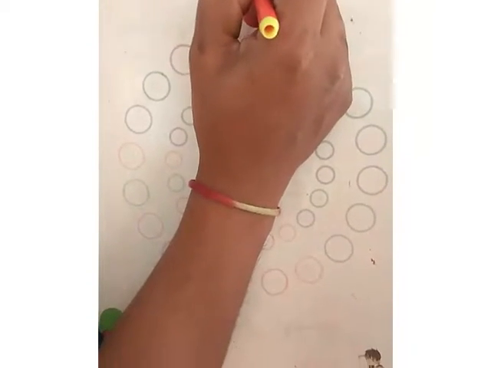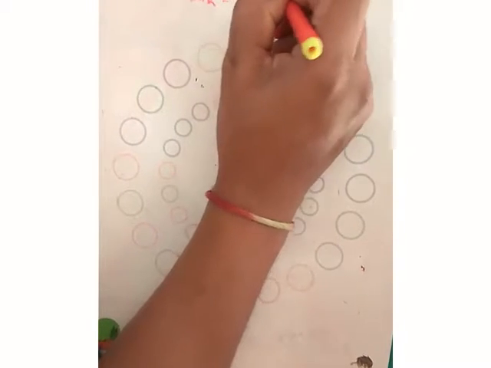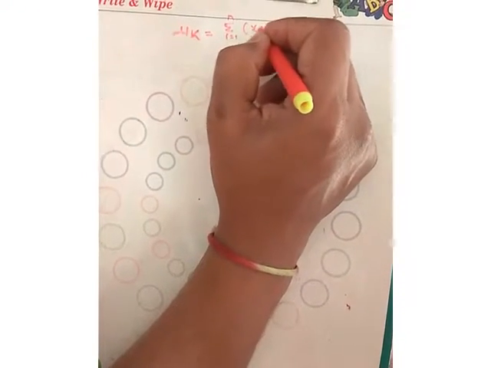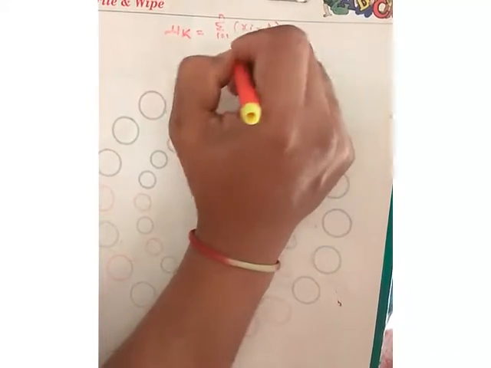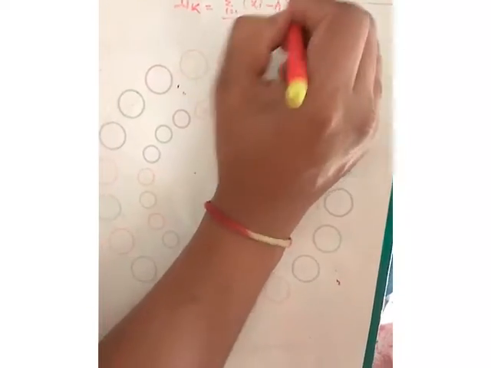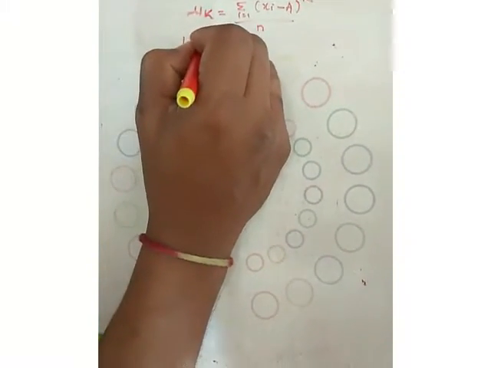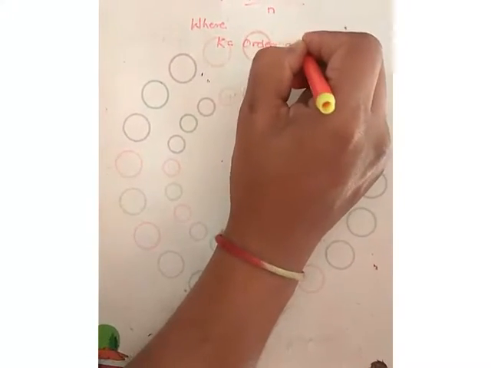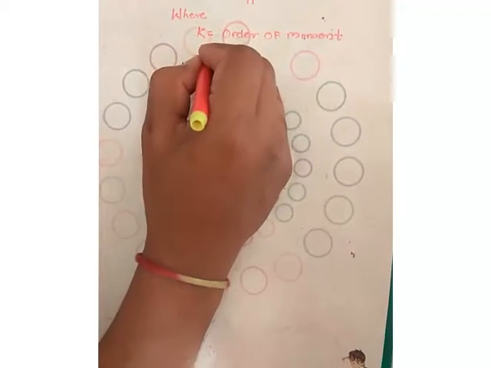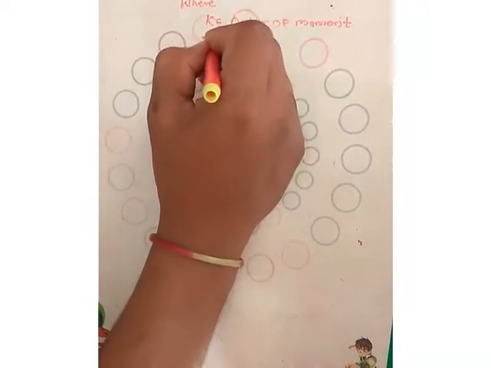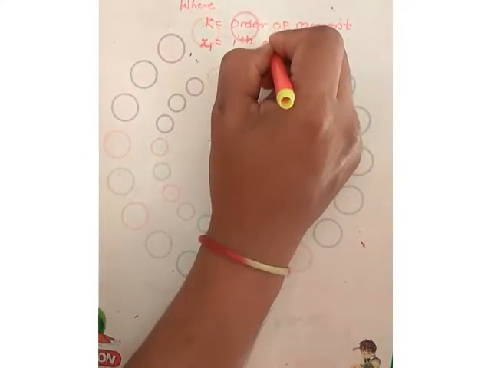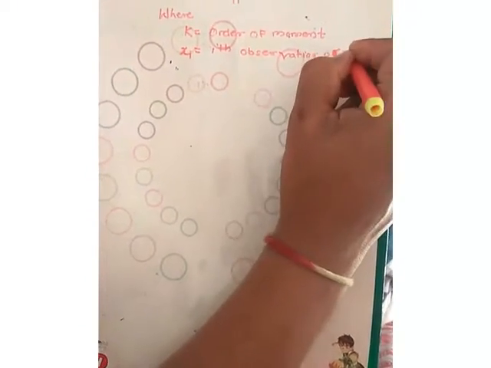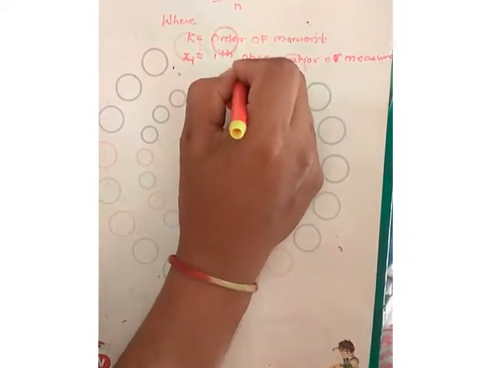The kth moment is given as the summation from i equal to 1 to n of xi, the ith observation of the data set, minus the point about which the moment is taken, raised to the power k, divided by the number of observations n. Here k is the order of the moment, and xi is the ith observation or measure of the data set.